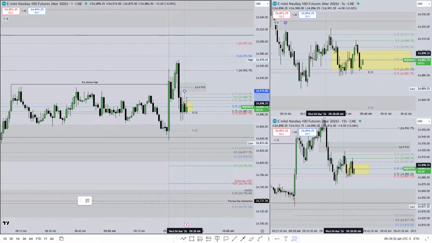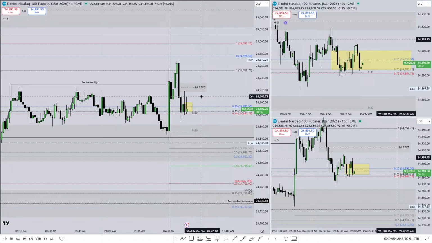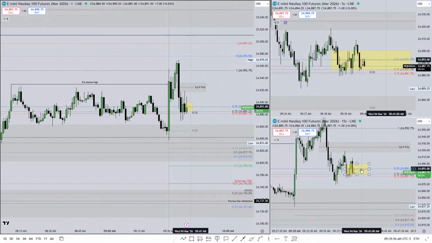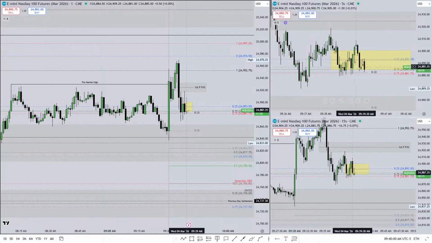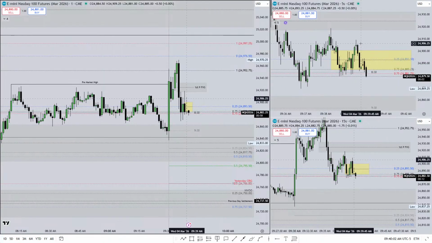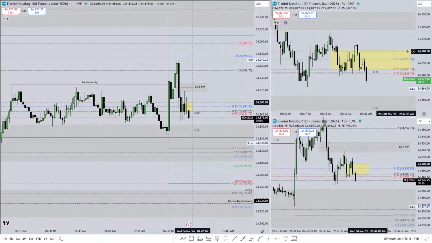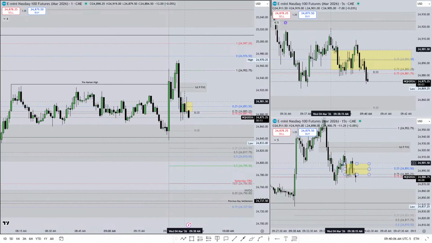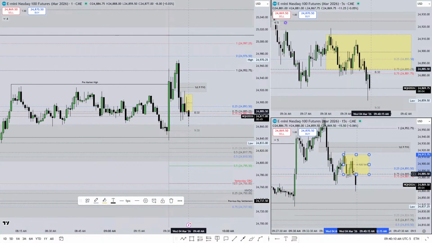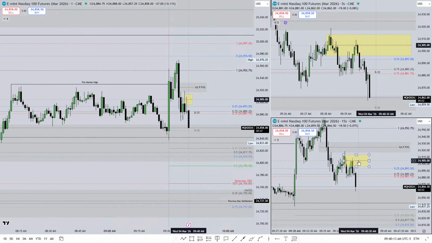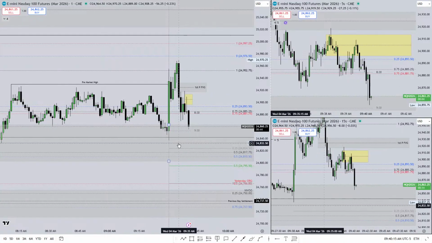Hit midpoint of that wick. There you go. So order block. Watch this initial low.